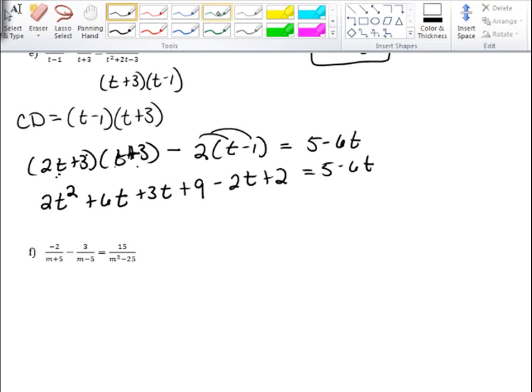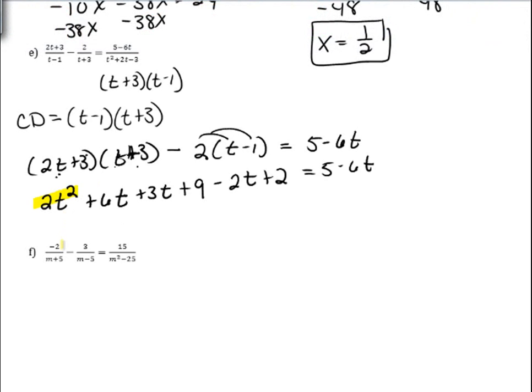Gather up our like terms. We have 2t squared, and there isn't any other t squared term. And then we have 6t and 3t, that's 9t. Minus 2 is 7t.